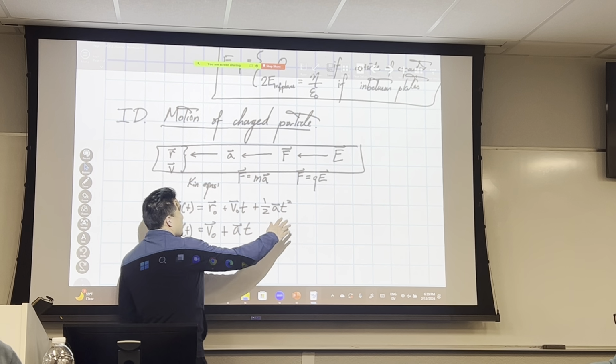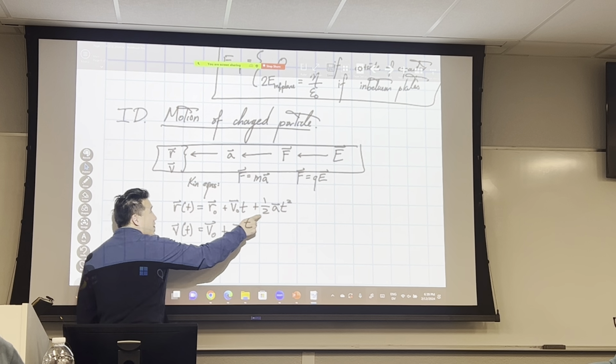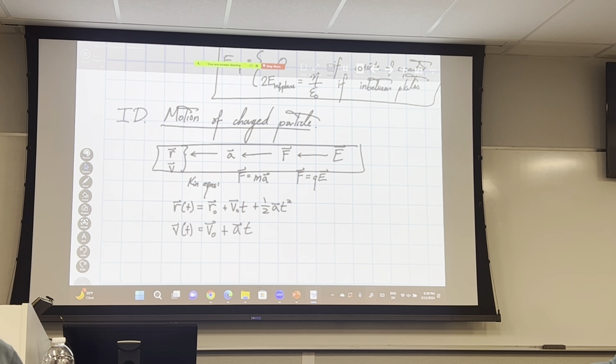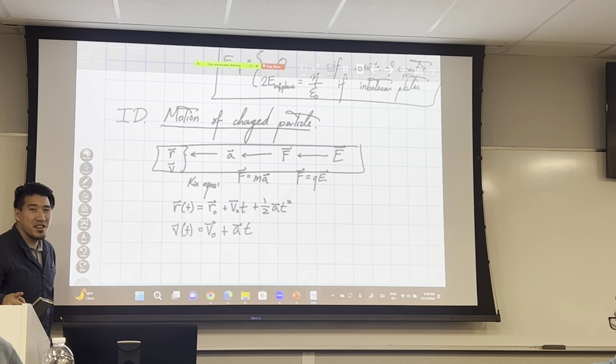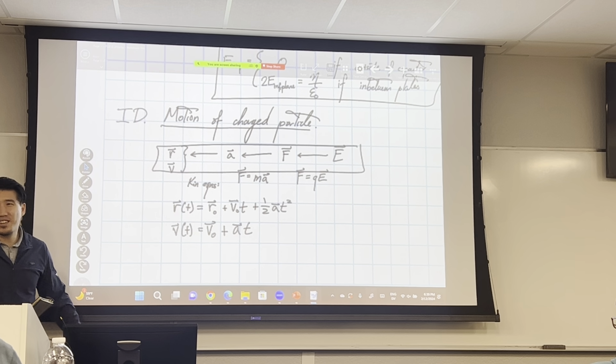These relationships, the kinematic equations, are valid under what conditions? Who remembers? What is it? You don't know? When are these equations valid?